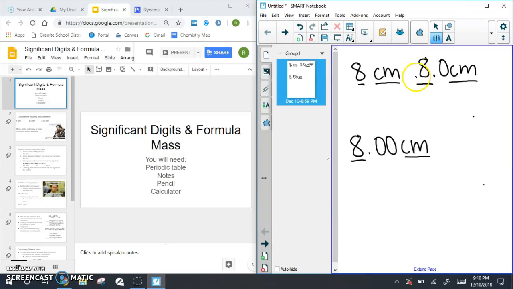Now, if you look at this one over here, 8.0, this 0 adds another digit, and this digit is significant because our ruler was accurate enough for us to measure to the tenths place. So let me write this out real quick. This one only went to the ones place. This one went to the tenths place.